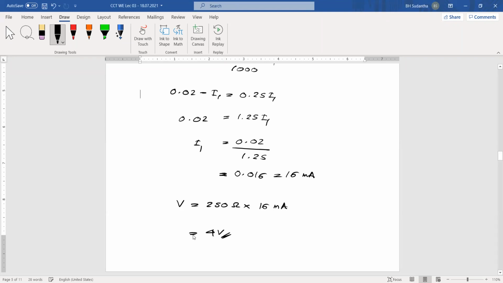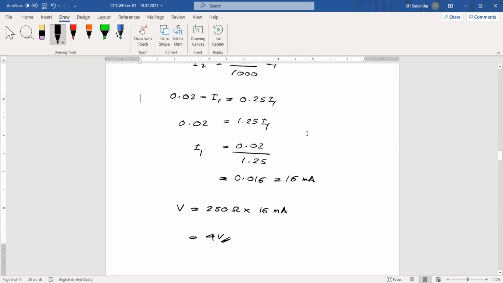It's 4 volts. Okay, thank you very much for pointing out that mistake.